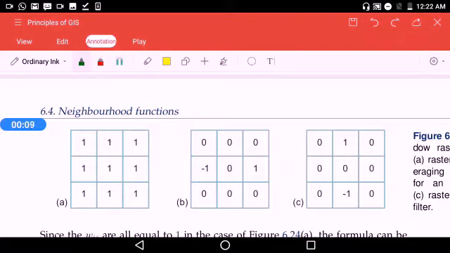If you use the derivatives, delta f by delta x and delta f by delta y, f will stand for the elevation field. It is a function of x and y. So delta f by delta x will be the elevation gain per unit length in the x direction, and same way delta f by delta y is the elevation gain per unit length in the y direction.